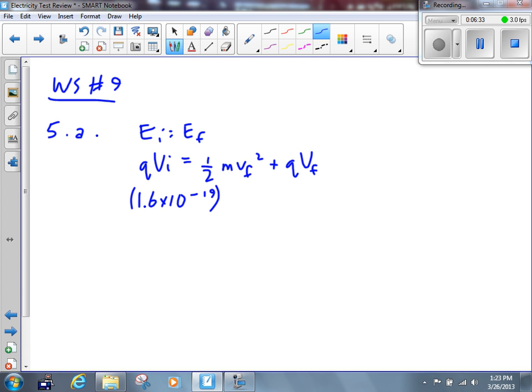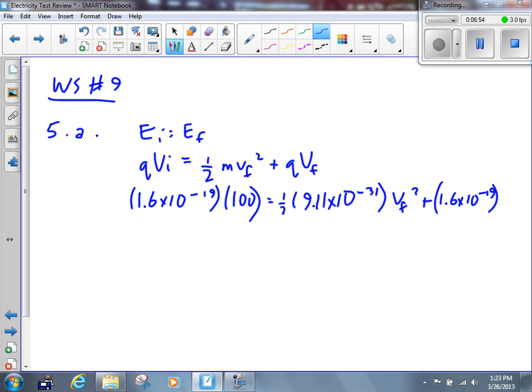then we're going to solve it like this. 1.6 times 10 to the minus 19 times our initial potential, which is 100. My final potential, in this case, would be 75.